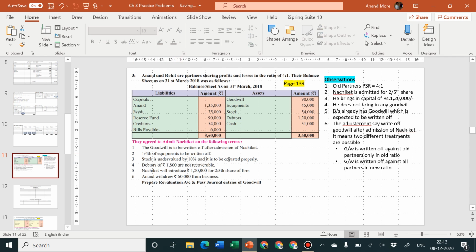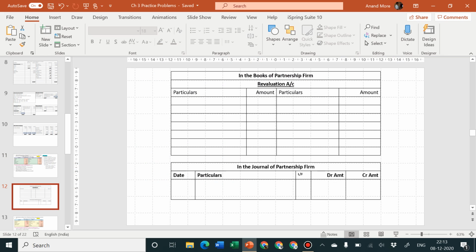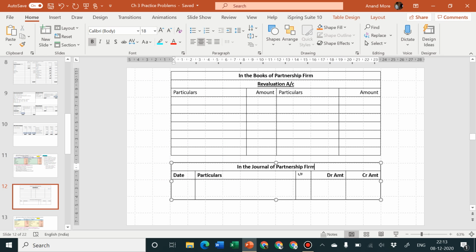First one, the goodwill is to be written off after admission of Nachiket. That means the entry required to be passed is, we are considering first treatment. So I am writing it here: assuming first treatment as per government textbook.